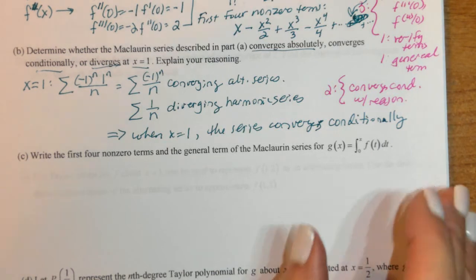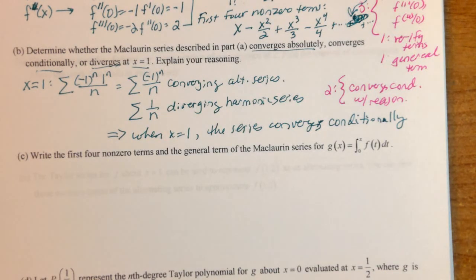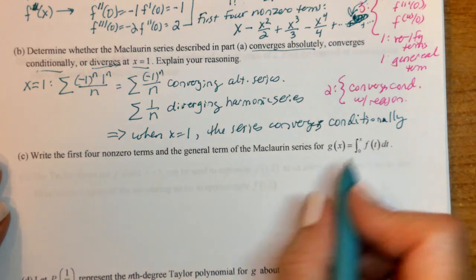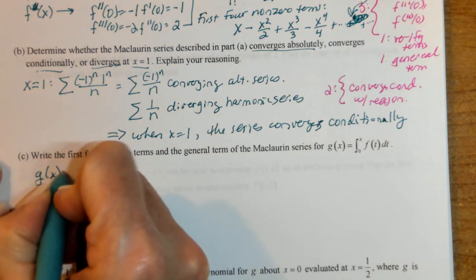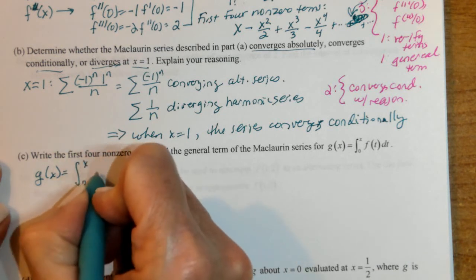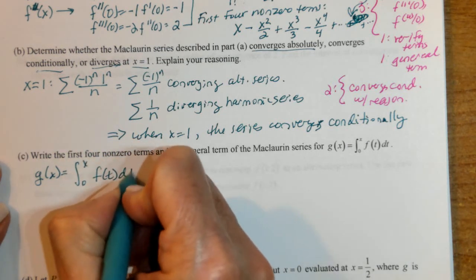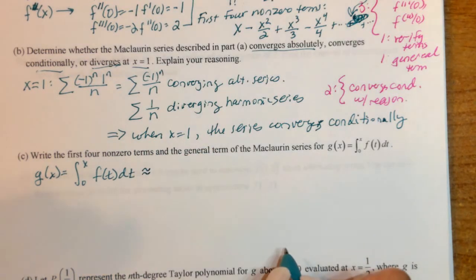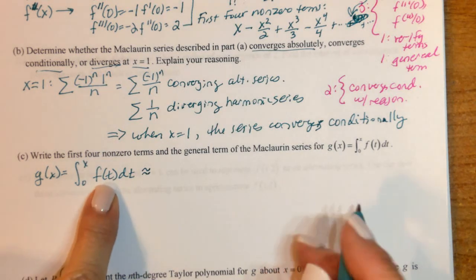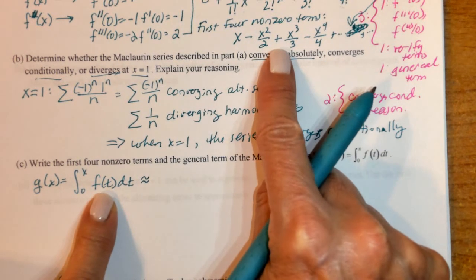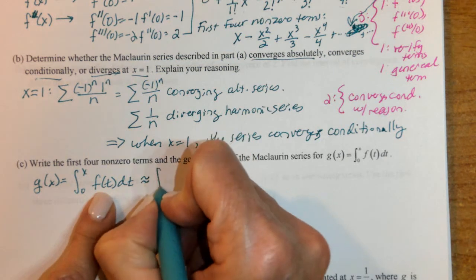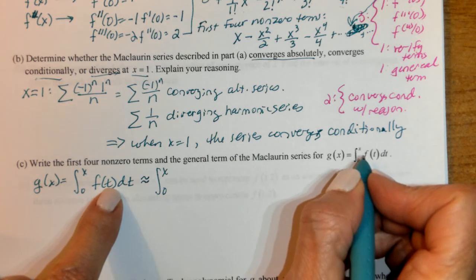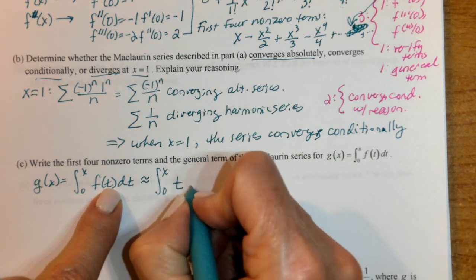Part C, write the first four non-zero terms and the general term for this Maclaurin series for g of x, which is this integral. So I'm going to write that. G of x is this integral, which is approximately equal to, so I'm going to replace f with my series for f, which we found in part A. And since they told me to put t's in for x, I'm going to put t's in for x, if at all possible.